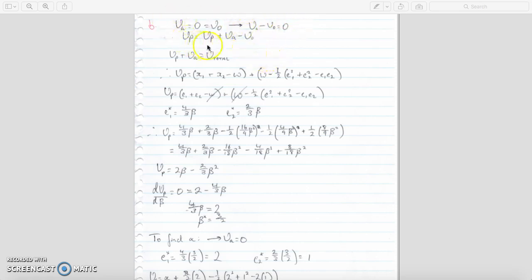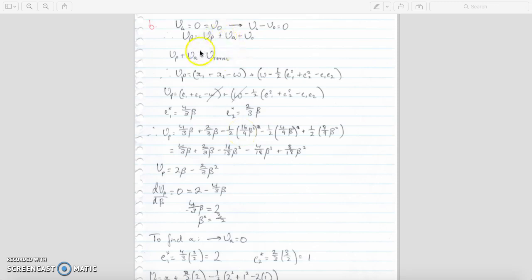And then rearranging that, we know that the utility of the principal will then be given by utility of the principal plus UA minus U0, and we know that to find a socially optimal solution, we are trying to maximize the total utility. So that total utility here is the utility of the principal plus utility of the agent, which gives us U total.